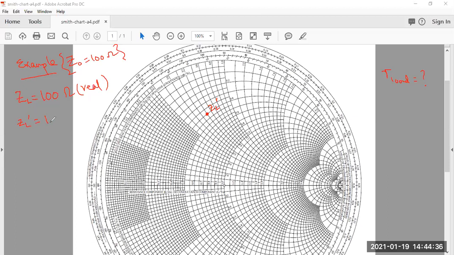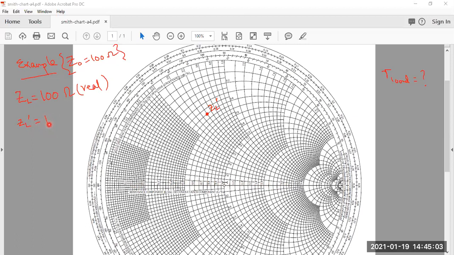So where is this real load located? All real loads will be on this horizontal line, because if you are on this line, it means the imaginary part is equal to 0. Okay, this horizontal line is only valid for real loads, and right now we are dealing with a real load. All you need to do is find out where is the resistive circle equal to 1.